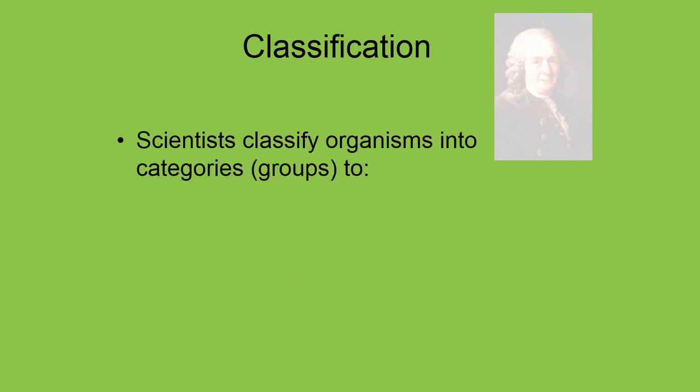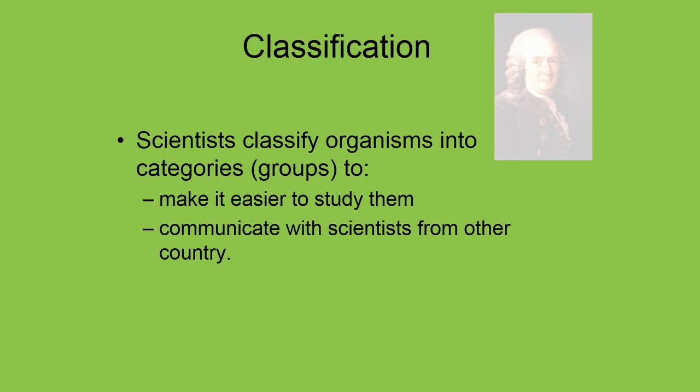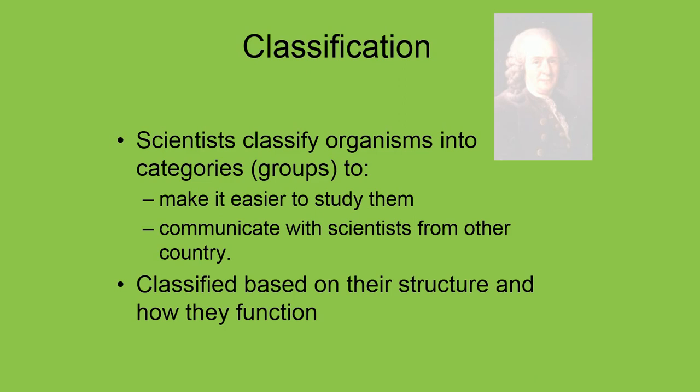So scientists classify organisms into categories or groups to make it easier to study them, to communicate with scientists from other countries, and also they classify them based on their structure and how they function.